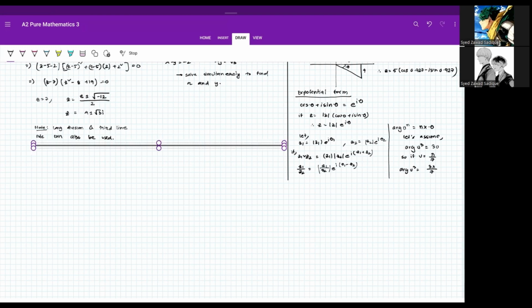All right. The final concept of this chapter is locus of complex numbers.